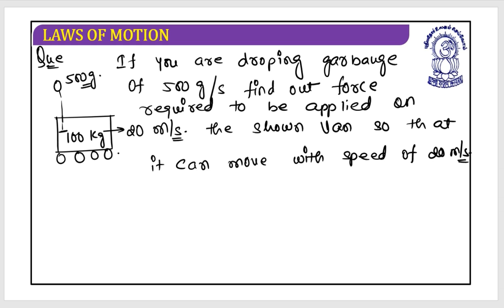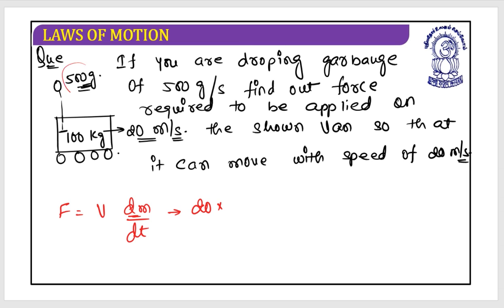So what you need to do is you understand that your mass is going to change every time, and this is moving with 20 meter per second. So F should be equal to V multiplied by dm by dt. My velocity would be 20.